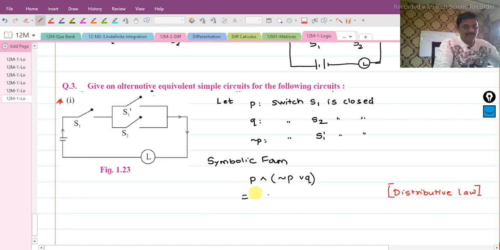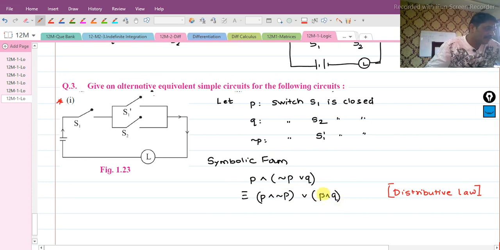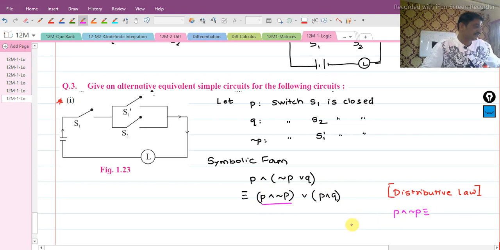So this is going to give me P and negation P, or P and Q. Now what does this remind us of? P and negation P is equal to false, and this is called the complement law.